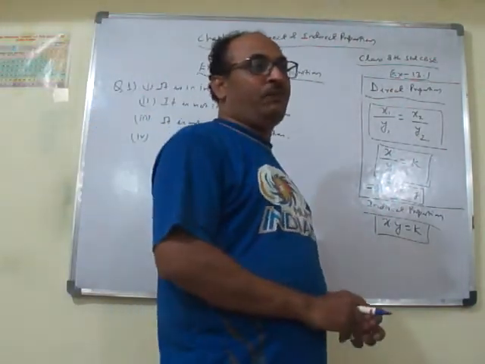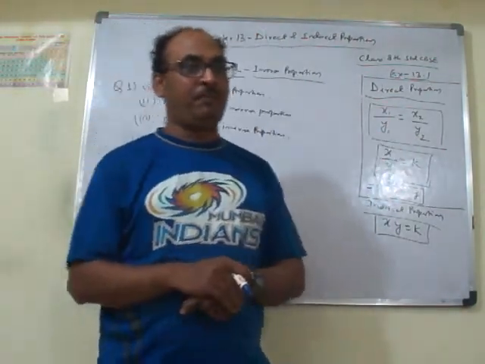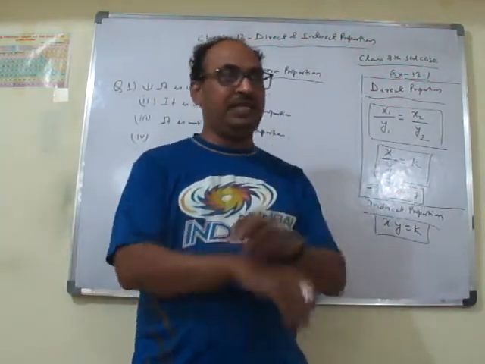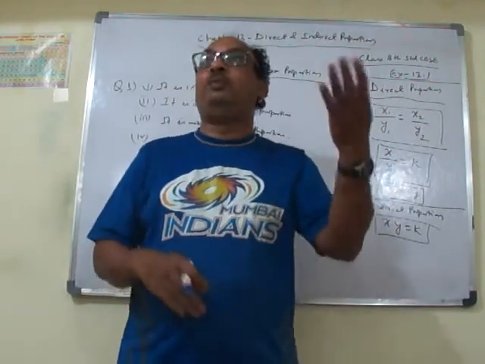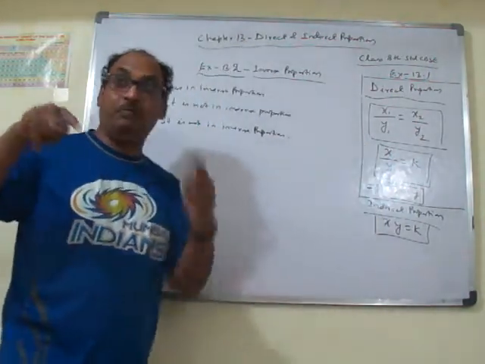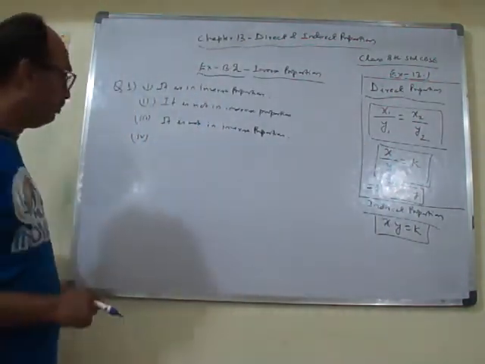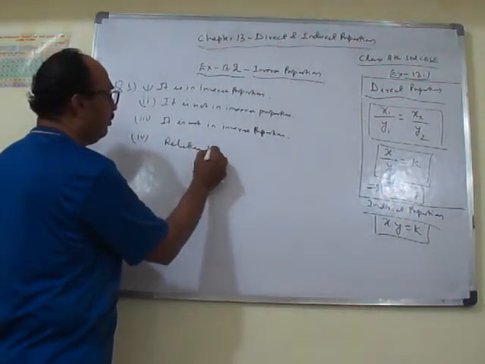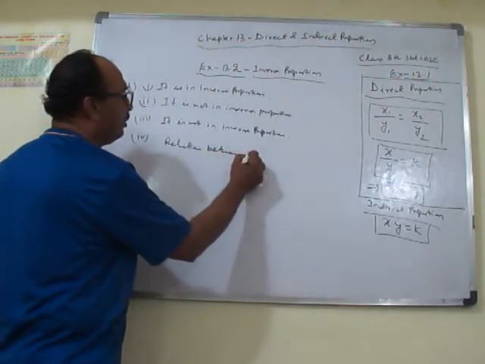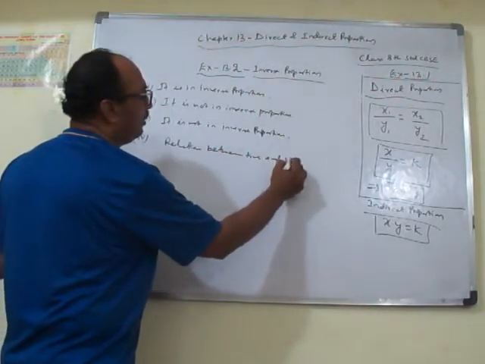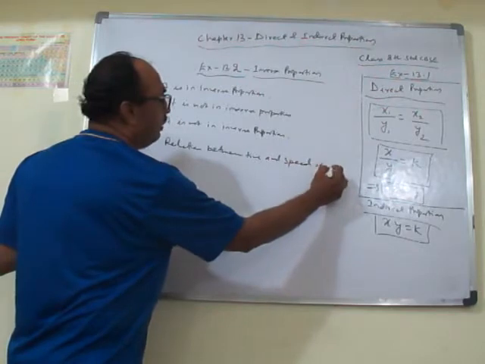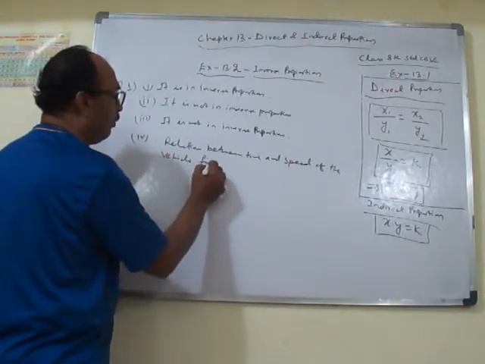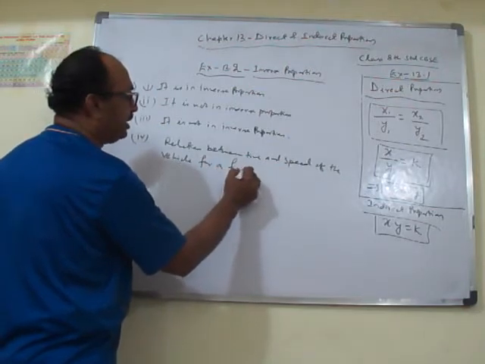Fourth one: the time taken for a fixed journey and the speed of the vehicle. A fixed journey is there and the speed of the vehicle. Now there is a relation between time and speed of the vehicle for a fixed distance.